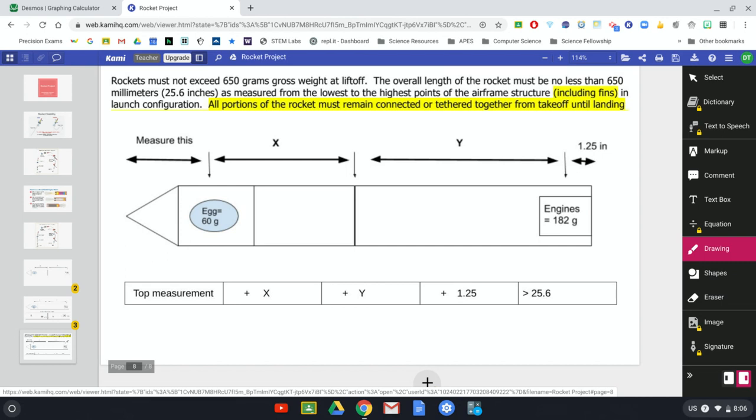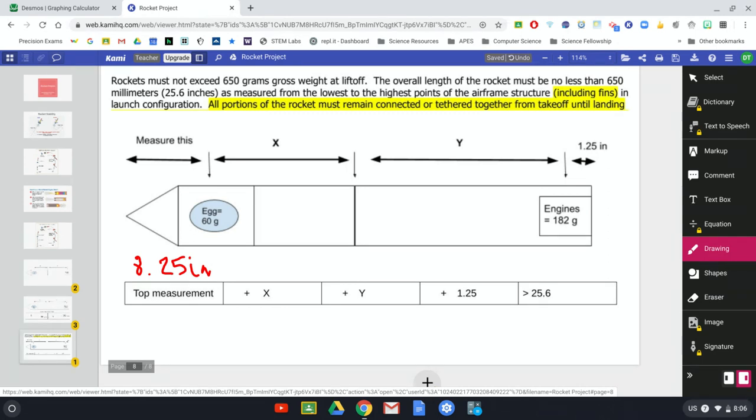So essentially, our second equation is that top measurement that we made in the last video. So for me, that was 8.25 inches, plus whatever we decide X is going to be, plus whatever we decide Y is going to be, plus that 1.25 inches, that was the distance between the center of mass of the engines and the end of the bottom part of the body tube.